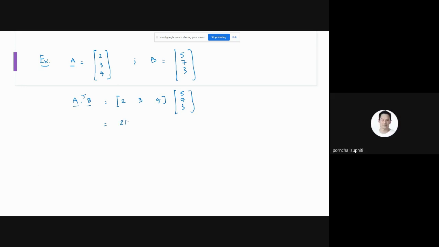So it's 2 multiplied with 5, 3 multiplied with 7, and then 4 multiplied with 3, right? Which is 10 plus 21 plus 12. So we get 43, right?